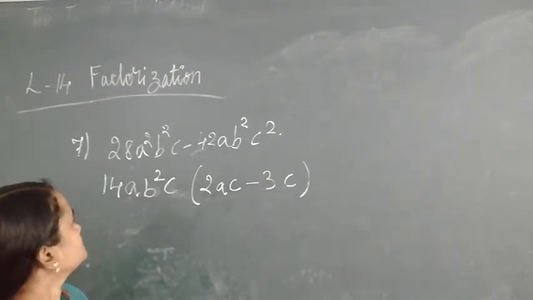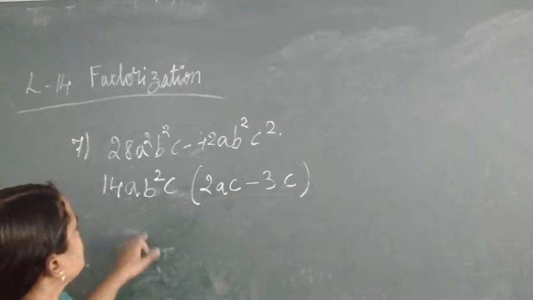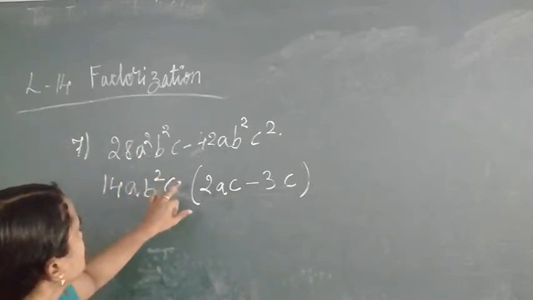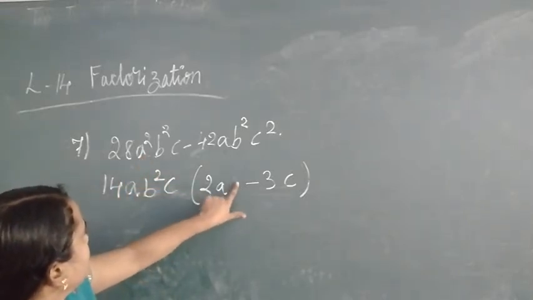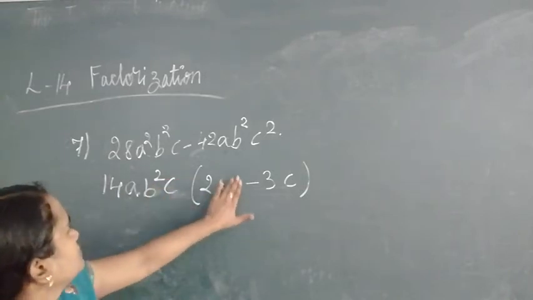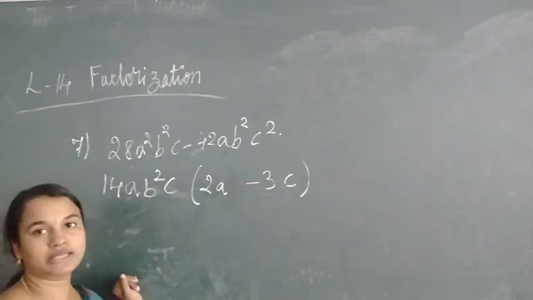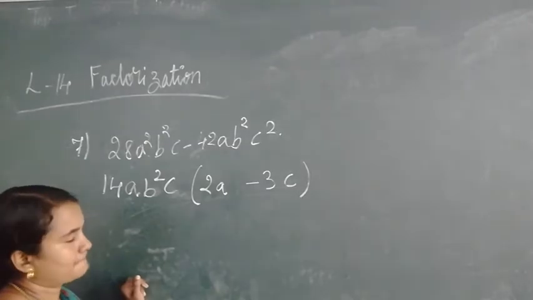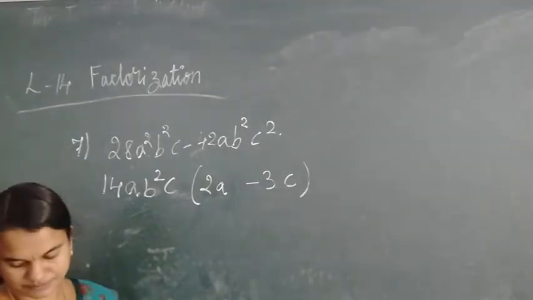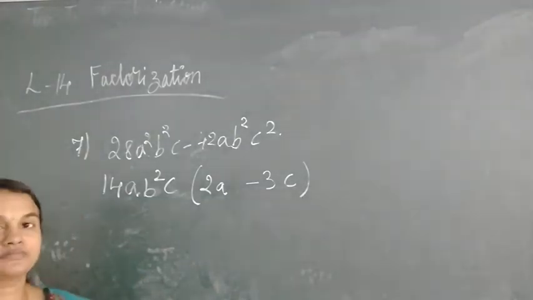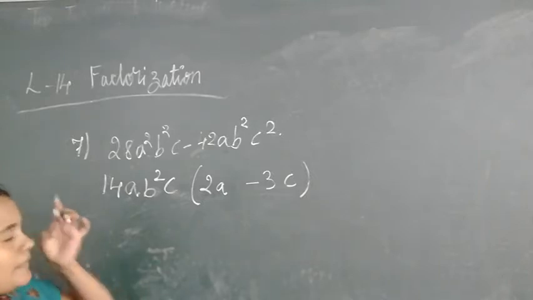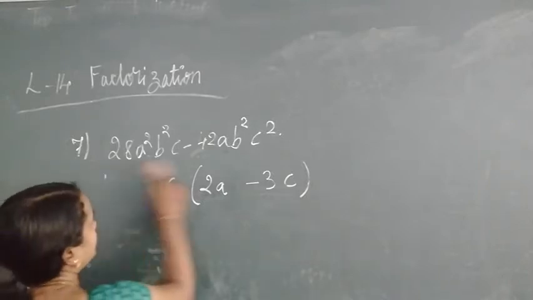Children, c also no need inside, because c we have already taken out. Okay, 2a minus 3c. Completed.